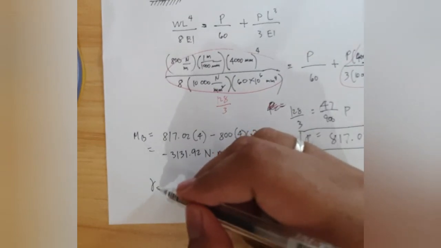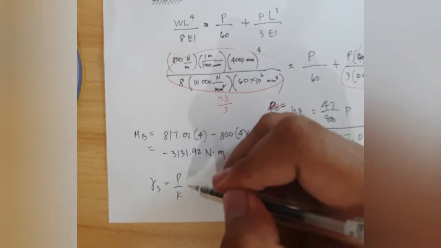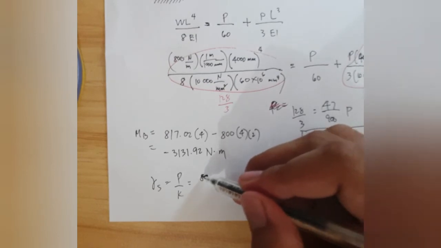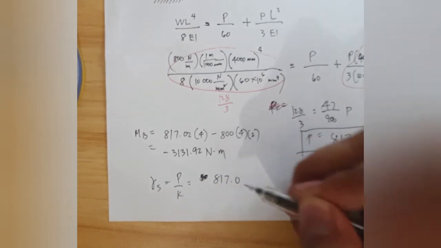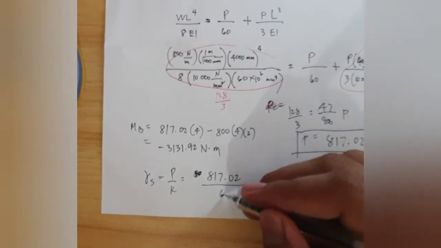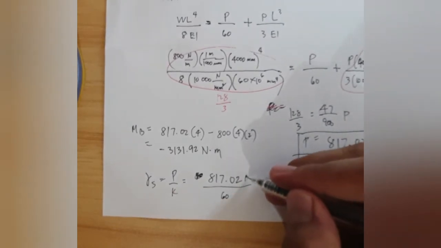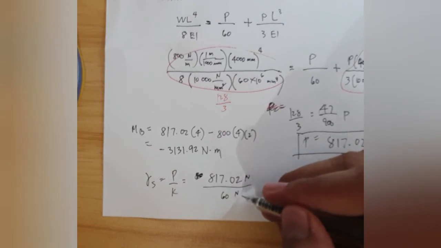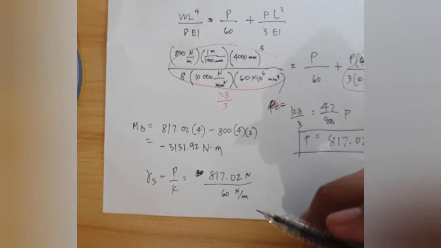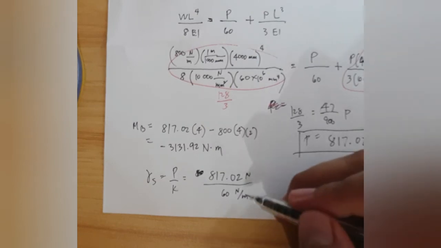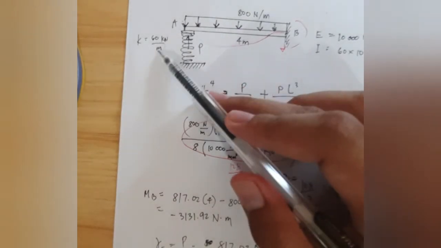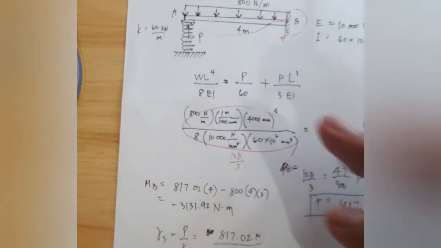So y sub S is P over K. We have 817.02 divided by K, which is 60 newton per mm, since kilonewton per meter is newton per mm.